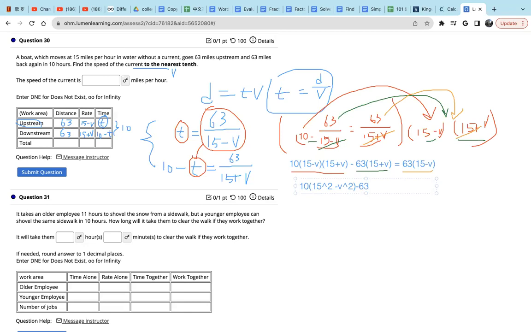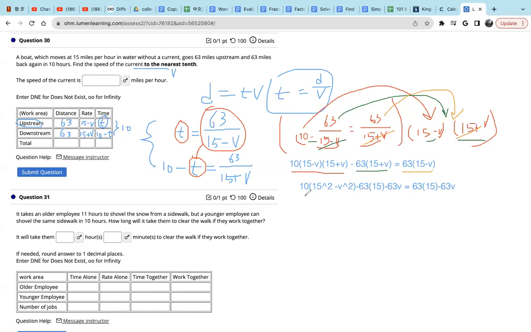Minus 63 times, let me use parentheses, 15. Then minus 63V equals 63 times 15, minus 63V. Well, now let's check. Let's try to simplify.